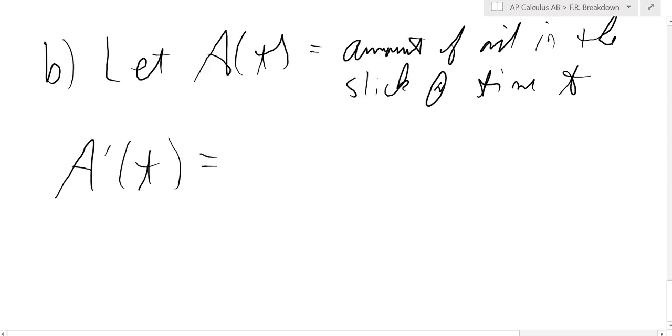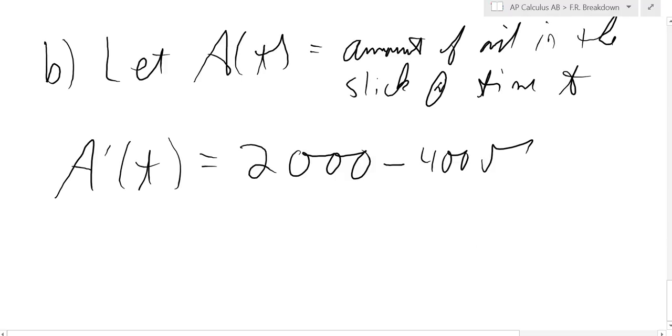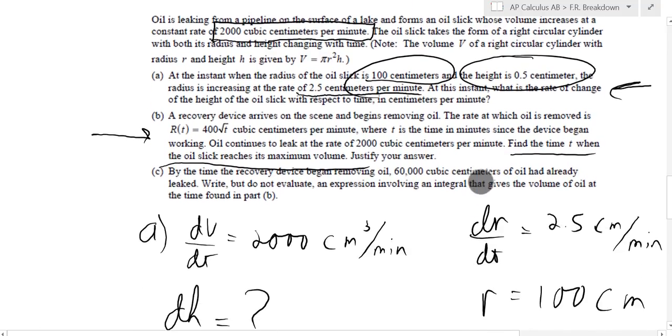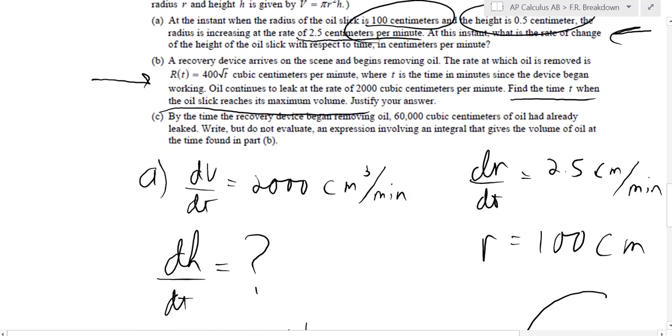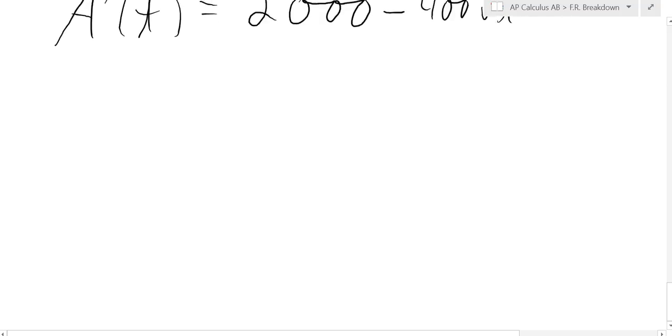How fast is it growing? What's the rate in here? 2,000, thank you. And the rate out is 400 root t. Can we handle that? That's my rate of change.